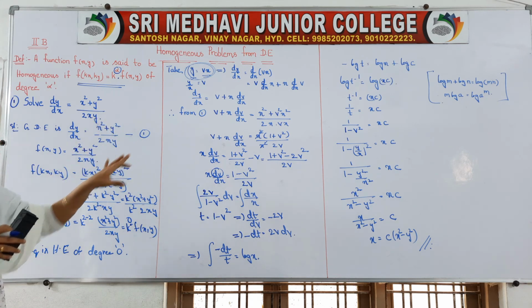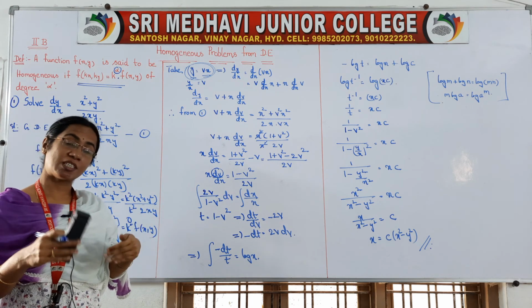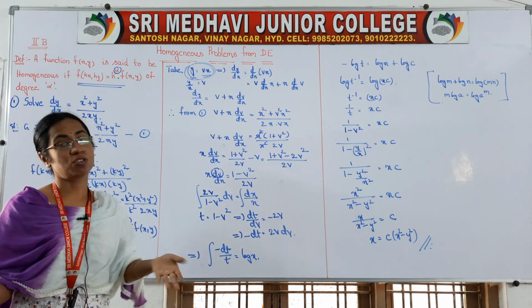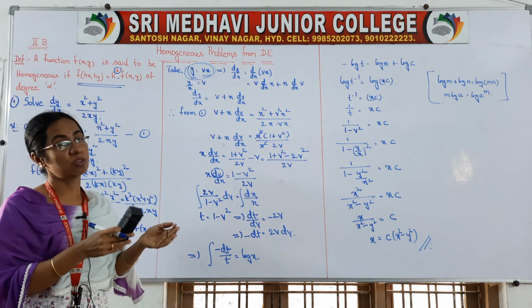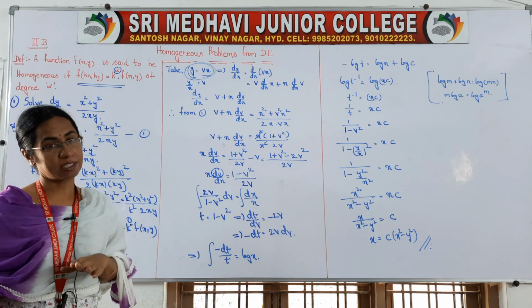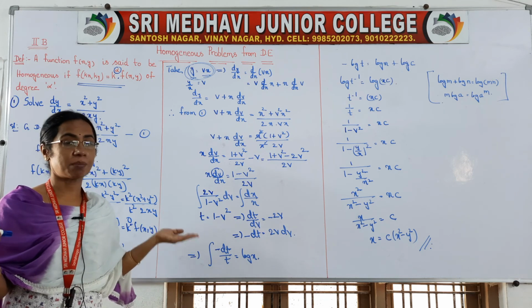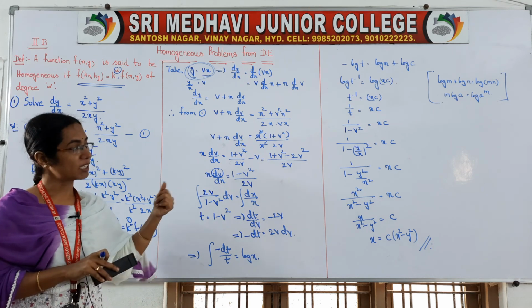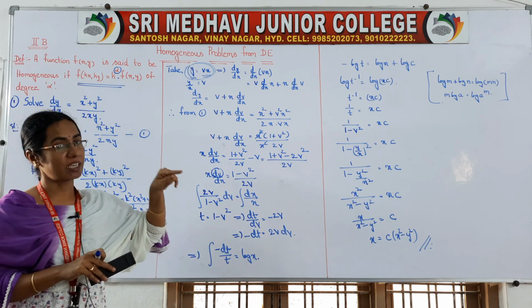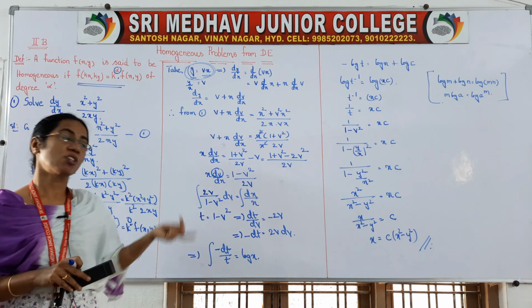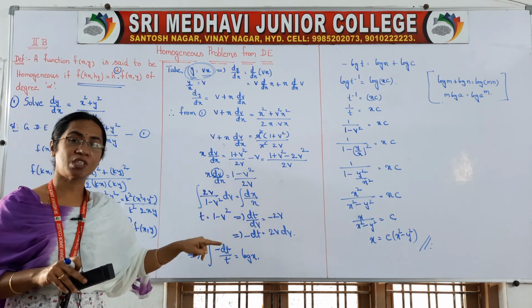Substitute, and then after the substitution and simplification, your values will be v values and x values. So you have to take v values into dv, x values into dx. That is called the variable separable method. After that, the normal method. At the end, in place of v, again you have to substitute y by x. Our question is in terms of x and y, so the answer also must be in terms of x and y.